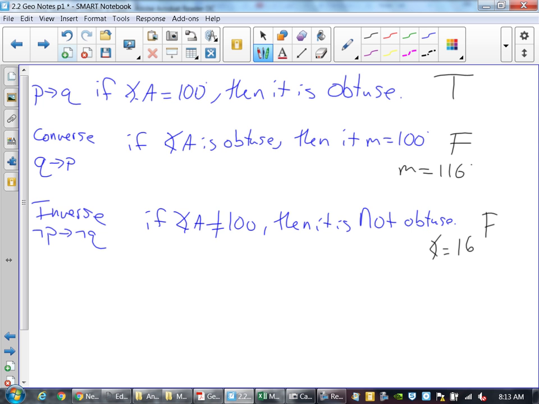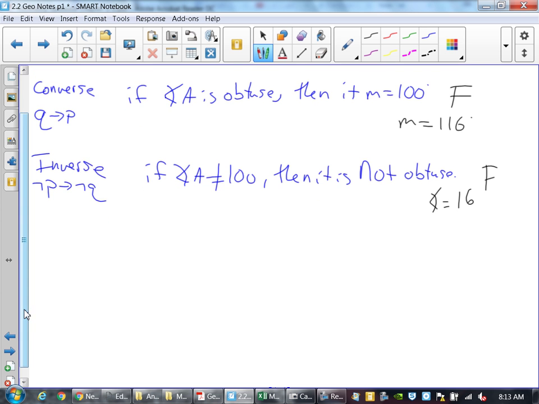Okay? And then lastly, going to the last little bit was the contrapositive, and I'll rewrite all these out again for you. Was the not Q implies not P.